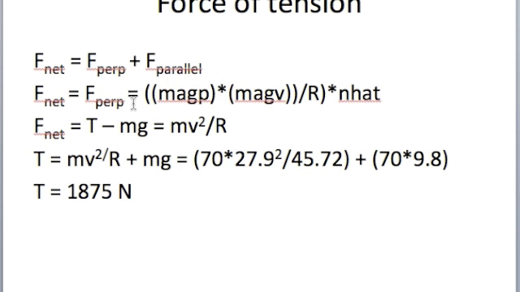And then we know that there are two forces, tension force and gravity force, T for tension and mg for gravity. And then we can say that F net equals mv squared over r. And the radius is just the length of the rope, which is 45.72 meters.